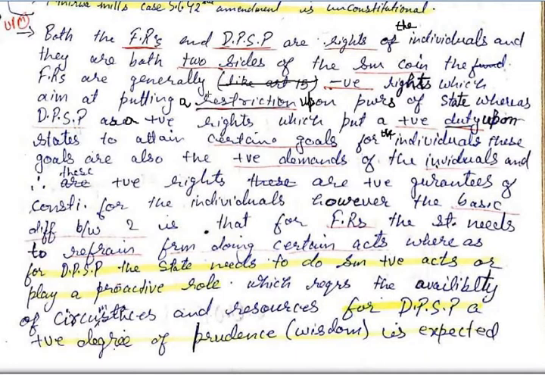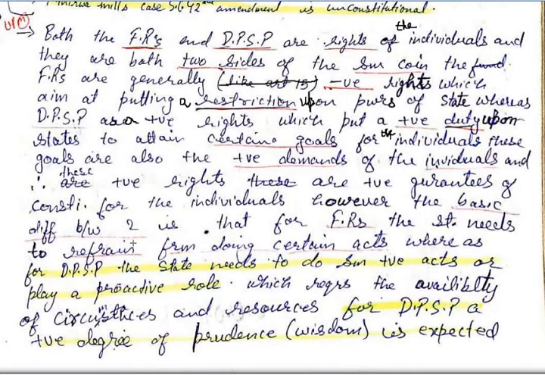Whereas DPSP are positive rights which put a positive duty upon states to attain certain goals for the individuals, and these goals are also the positive demands of the individuals, and these are positive guarantees of the Constitution for the individuals.